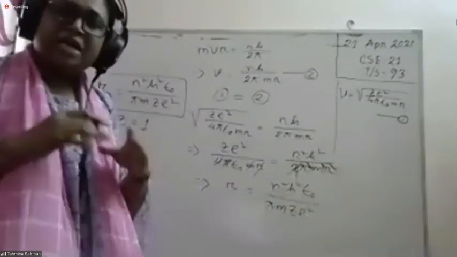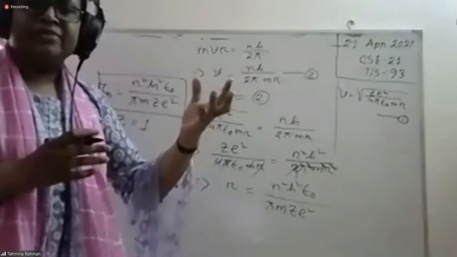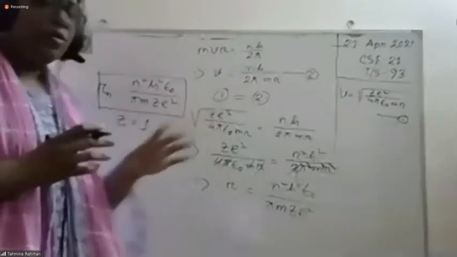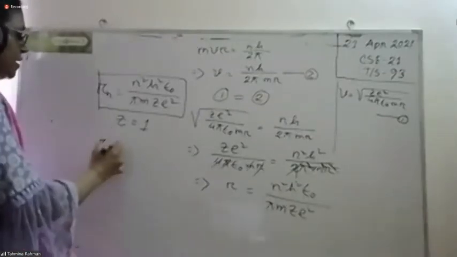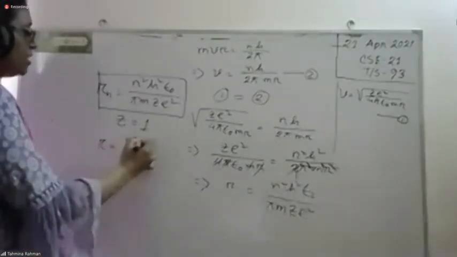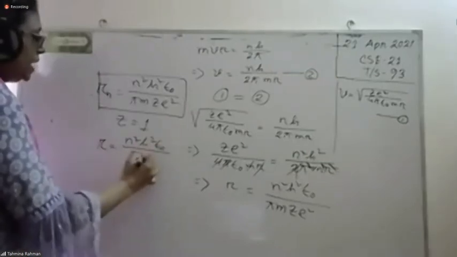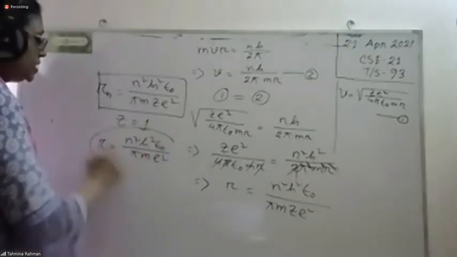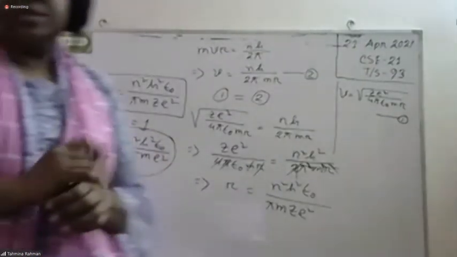Because if the electron can gain energy, it can jump to the higher energy level. So we take Z equal to 1. So in that case, r equal to n square h square epsilon naught divided by pi m e square. This is for the hydrogen.